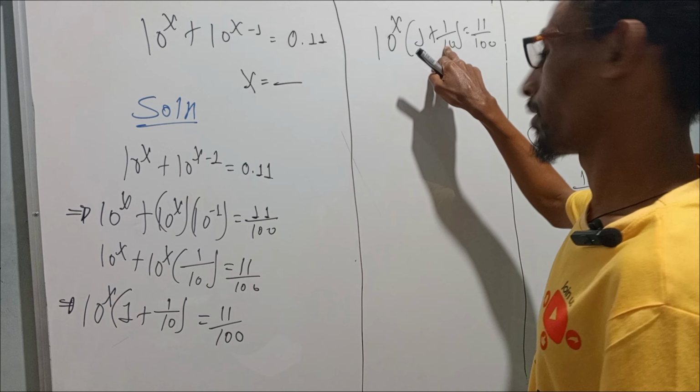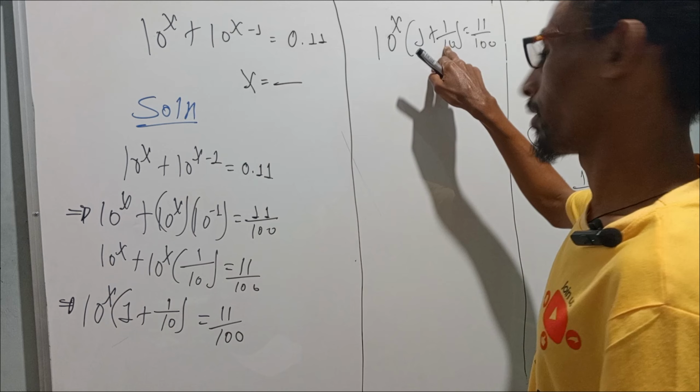11 over 100. So here we have the common factor, that is 10 to the power of x here, and also 10 to the power of x here. So we can write 10 to the power of x in bracket 1 plus 1 over 10. Yes, great. So this is equal to 11 over 100.